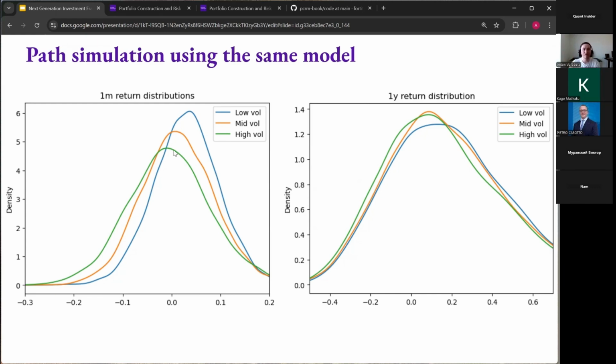So here, for instance, you see 1 month return distributions for the equity index. If we condition on having a low implied volatility, then you see that the distribution is a bit narrower, while if you condition on a high implied volatility, then the distribution is wider. And if you condition on something medium, then we are in between. So this makes sense. But if you look at a longer horizon, then you can see that this state dependence starts to disappear.